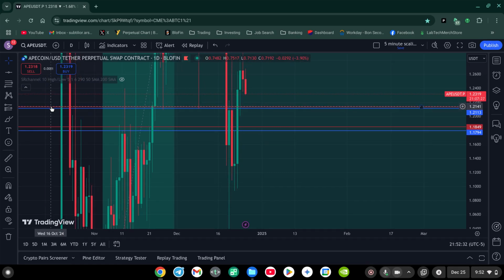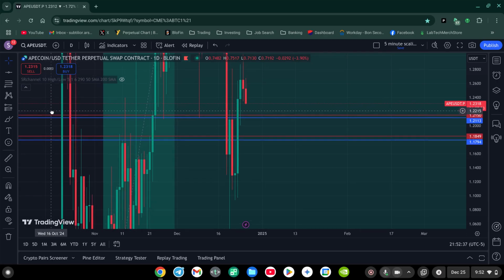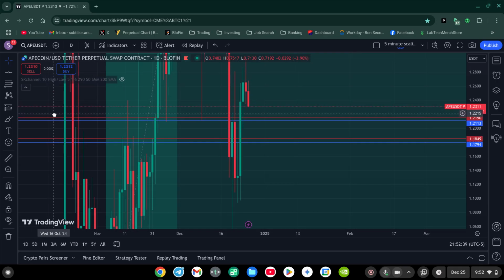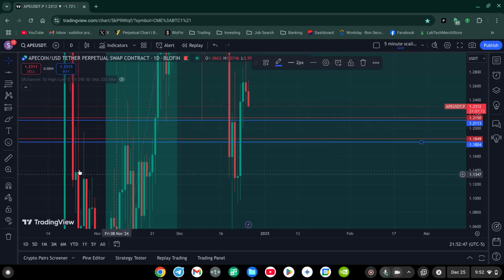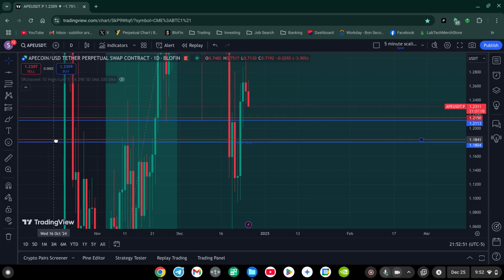So it's automatically opening very small, teeny tiny long positions. It divides up the amount of money that you put in the bot when you start it into however many grid lines you want. And then it also sets a take profit level or a stop loss right above that.